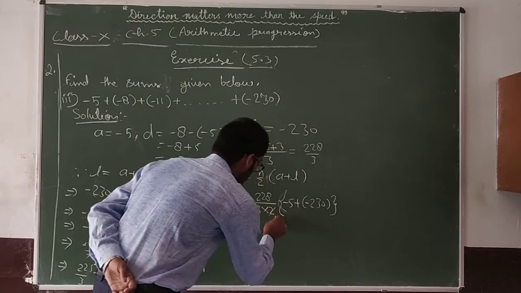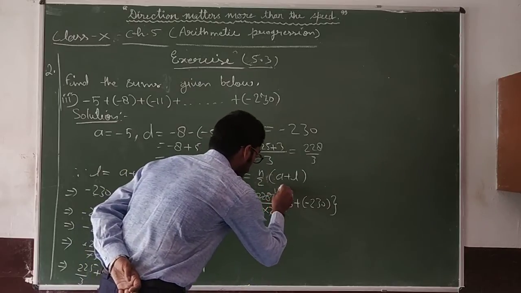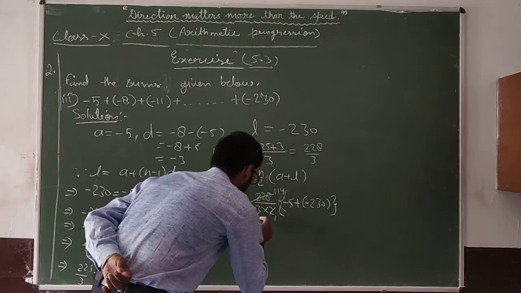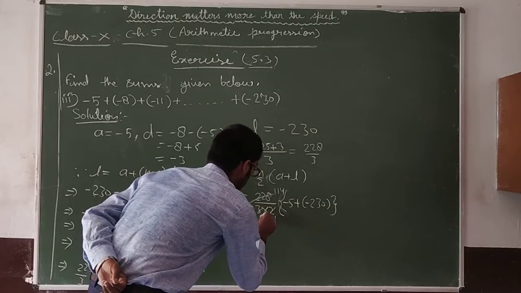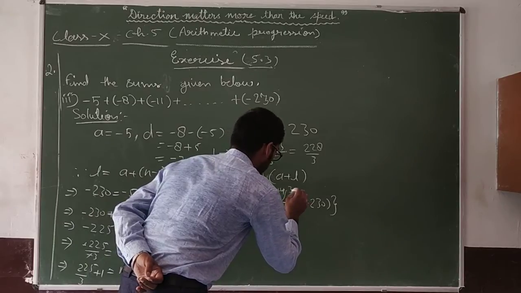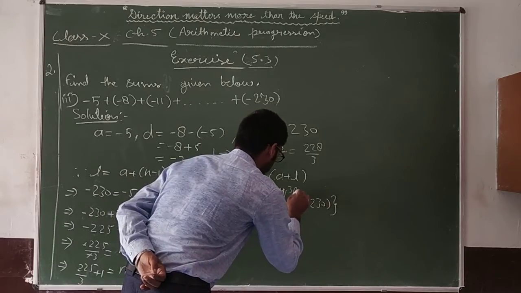Now divide: 2 under 2, 2 under 2, 2 under 2, 2 4s are 8. And 3 1s are 3, 3 3s are 9, and 3 8s are 24.